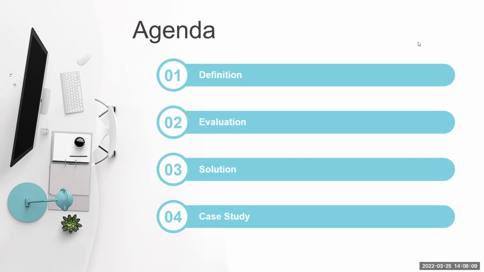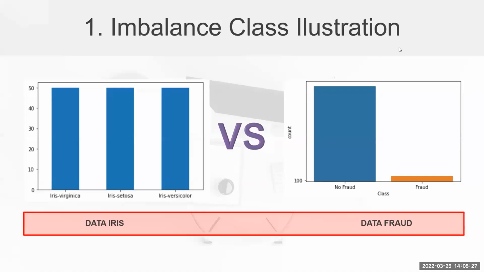And lastly, we go to Kaggle, yeah. We go to Kaggle to see the implementation of imbalance class in the real world, yeah.